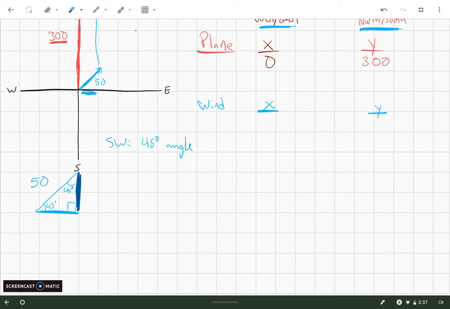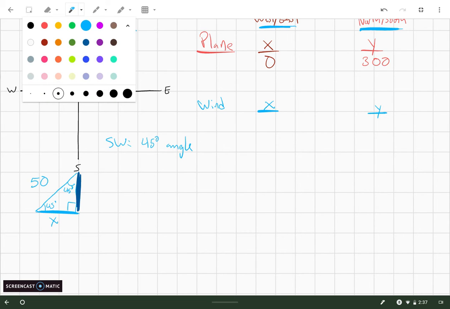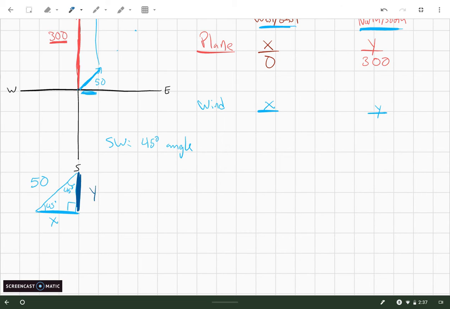Now we need to find our x value and our y value. This x value and y value match up with the x and y values over here, so if we can find them, we can put them right in for the wind.